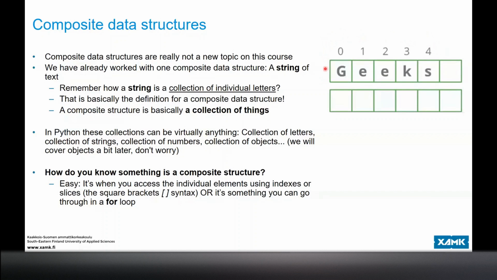And if we were to depict it this way as a table, we could see that one letter fits very nicely inside one column in this table. And these respective numbers from 0 to 4 then represent the distance between the beginning of the word to that individual letter. Well, these collections in Python, they can be virtually anything, but this collection of letters in a word is a really easy example to begin with.